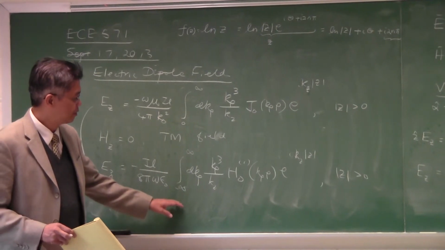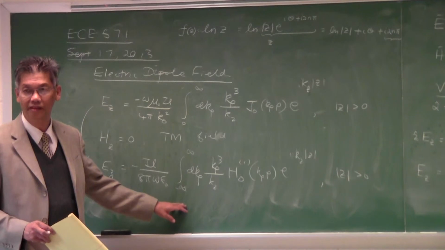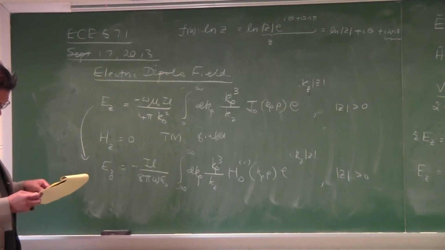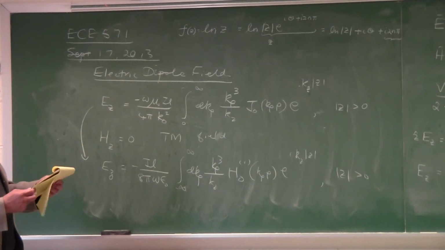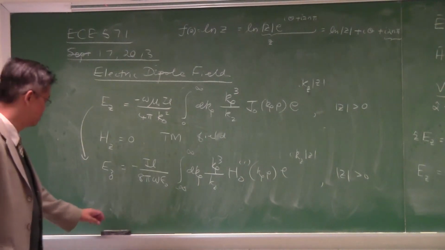This identity is preferred because you can do contour deformation with it quite easily. And then comes the important part.